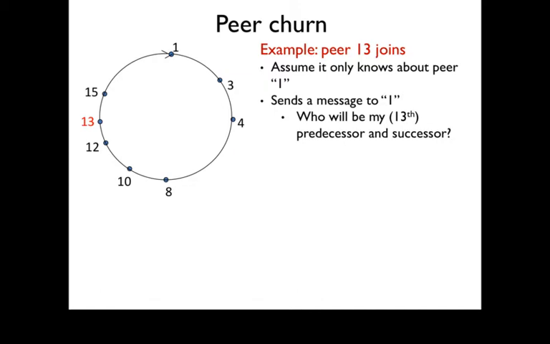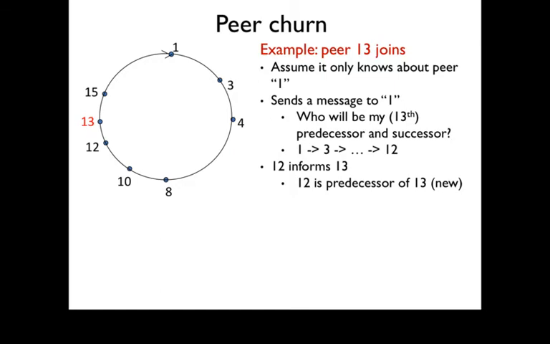The message that it sent to 1 will traverse the ring. It will go from 1 to 3 to 4 to 8 to 10 to 12, and the message will carry the ID 13. So 12 will realize that 13 has to be its immediate successor.